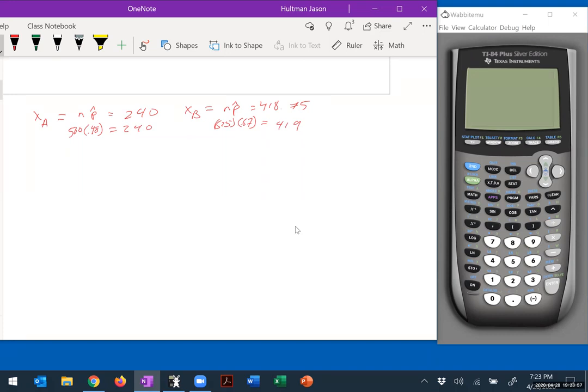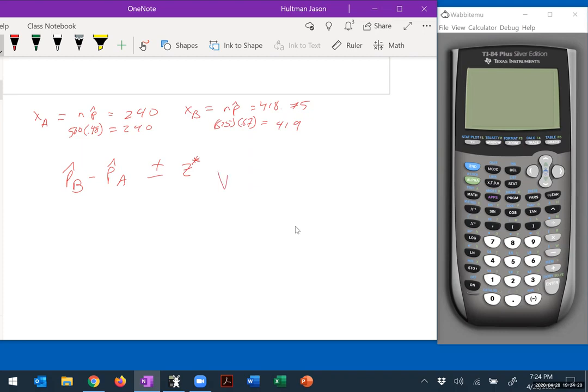Okay, so here we're going to get p hat b minus p hat a plus or minus z star times the standard error, right? So what is the standard error for this?